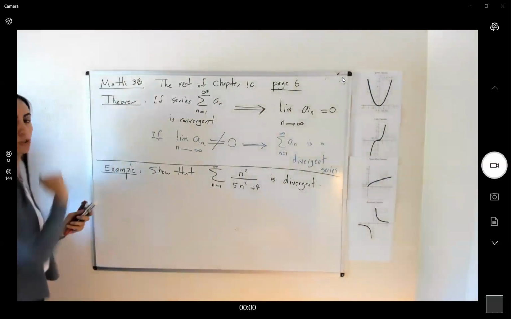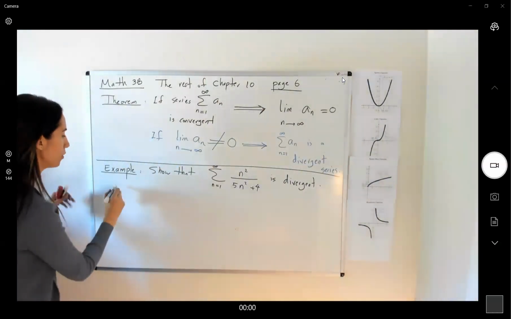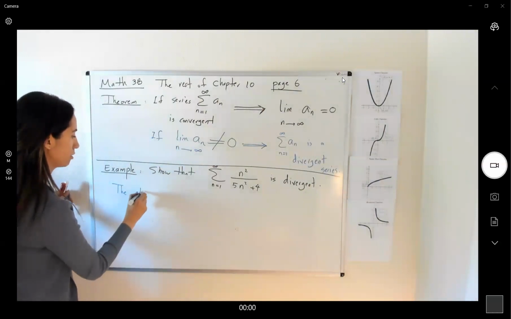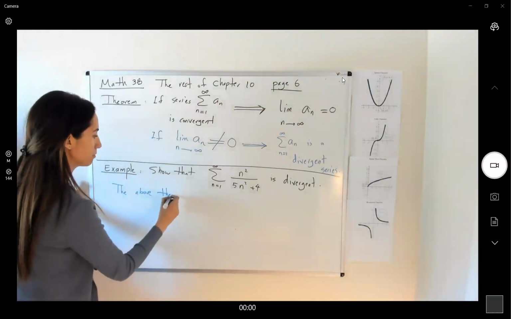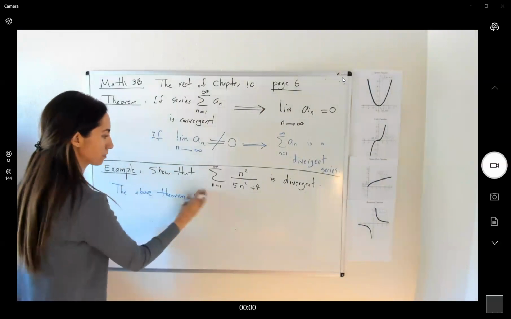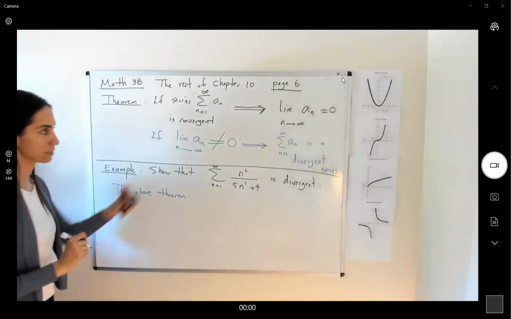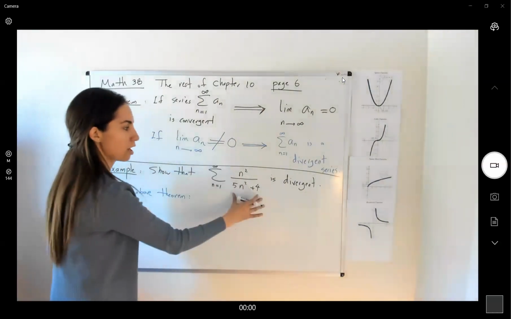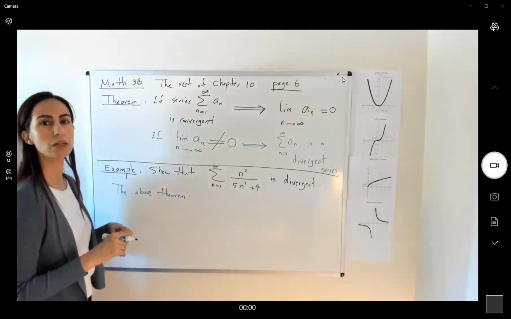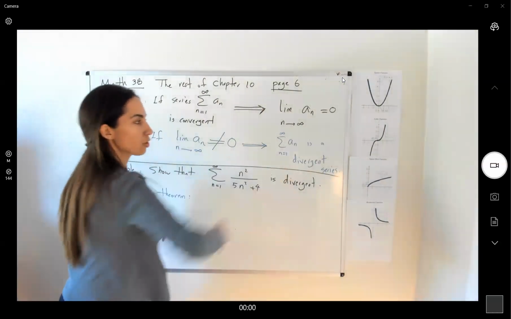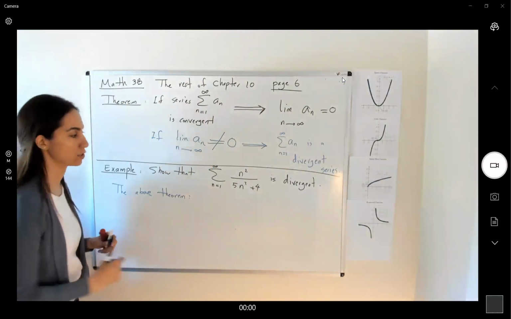Well, I'm going to use the theorem. The above theorem says if the limit of my general term is not 0, for sure I get a divergent series.